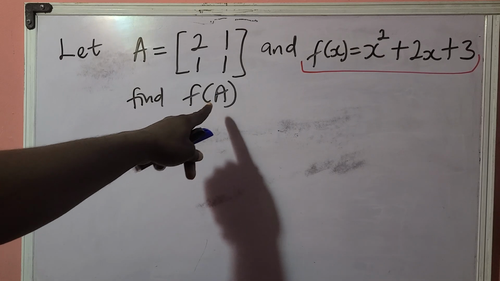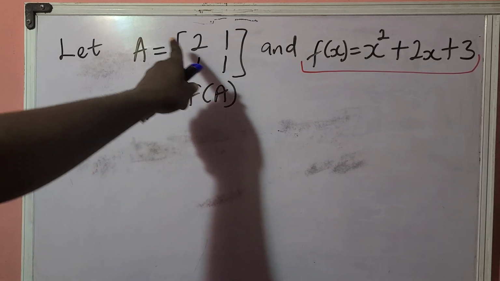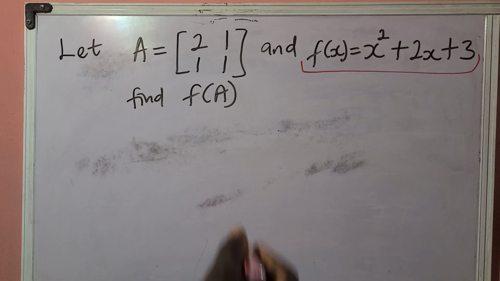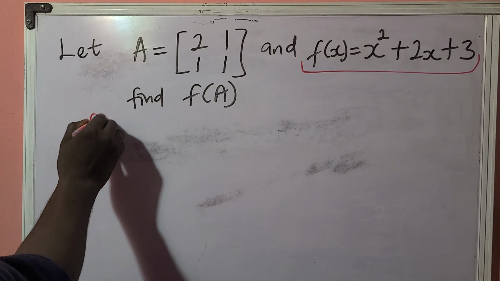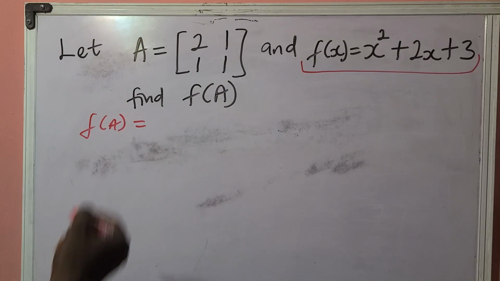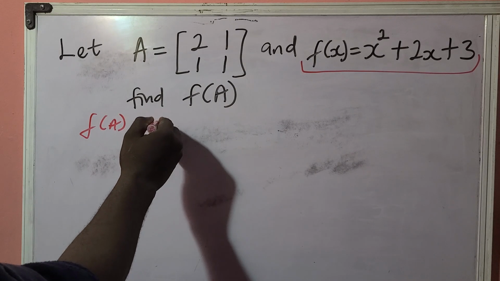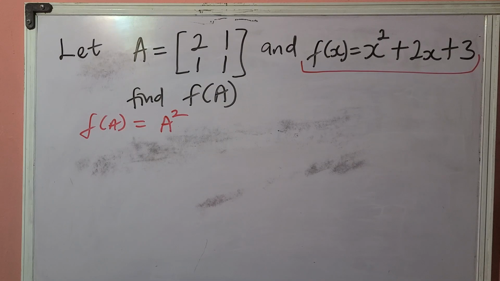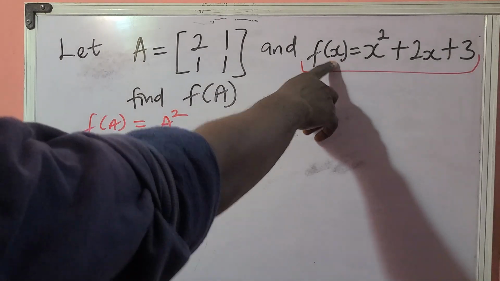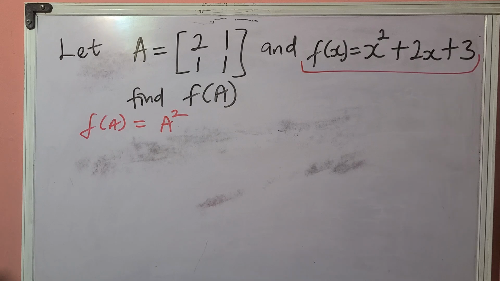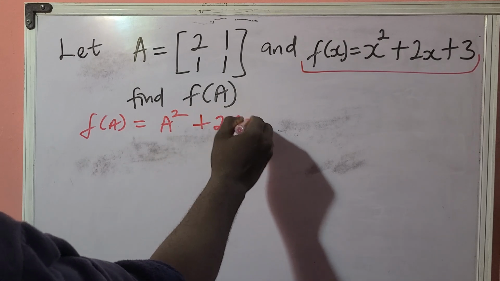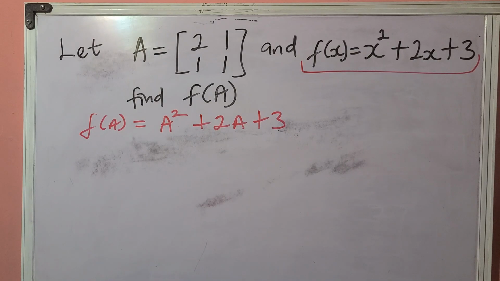Given A, and x as the initial value, all you have to do is to find your f of A. Of course, your f of A will be A squared. That's you fixing wherever you had x before, you put the value for A. So you'll have A squared plus 2A plus 3. This is the first step.